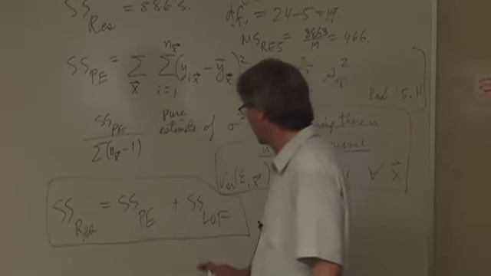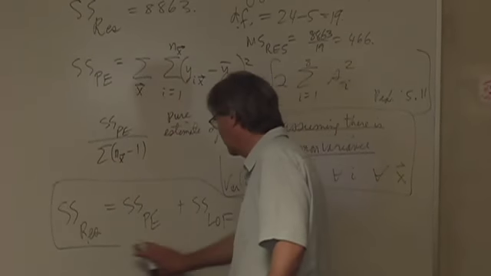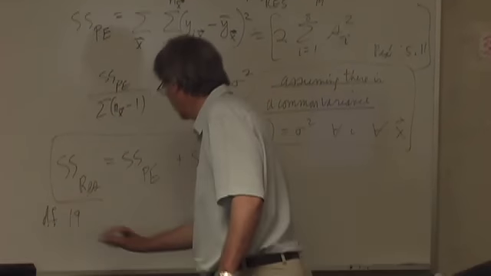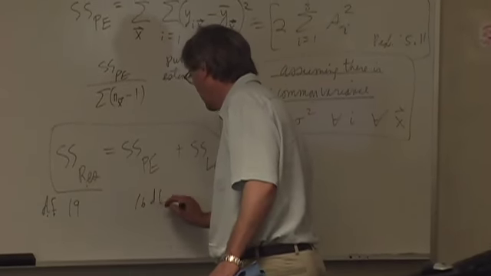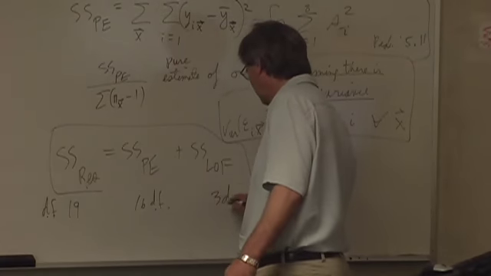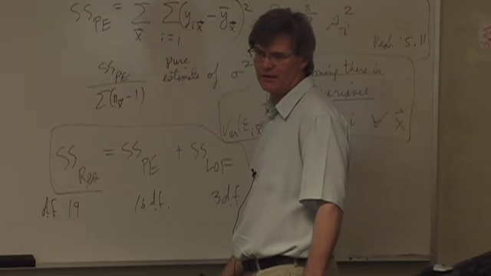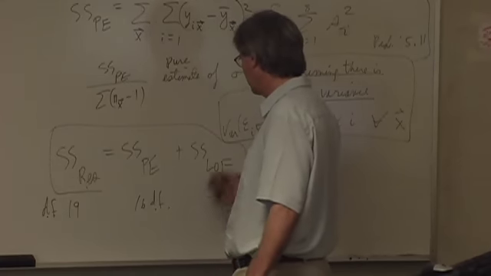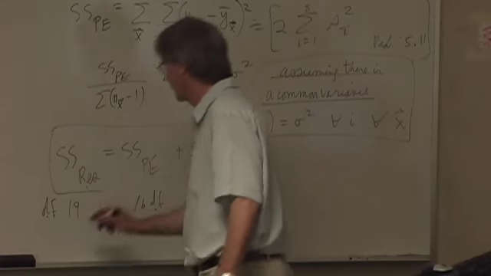Then all you do is add the degrees of freedom; they must add to 19. SS-res has 19 degrees of freedom, SSPE has 16 degrees of freedom, therefore SSLOF has the other degrees of freedom, which is 3, because degrees of freedom must add. And SSLOF is trivial to get because we just subtract.